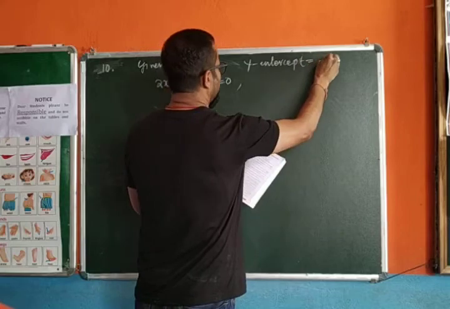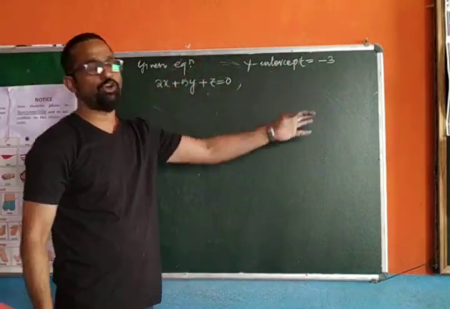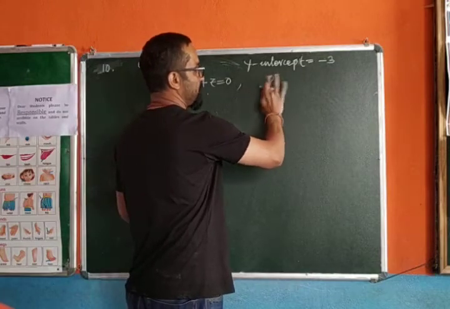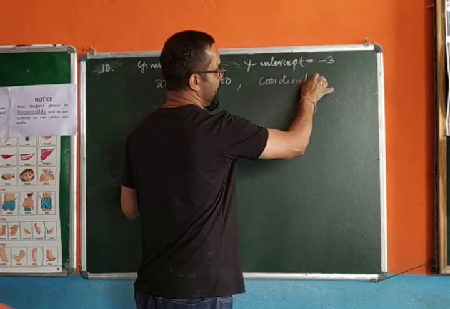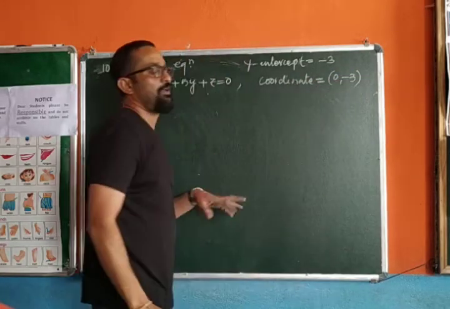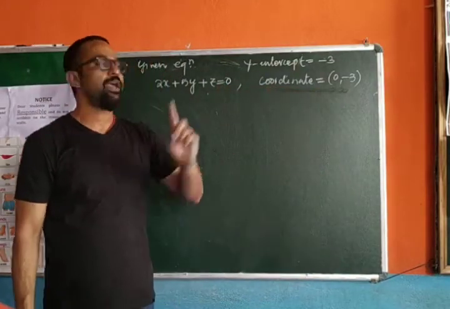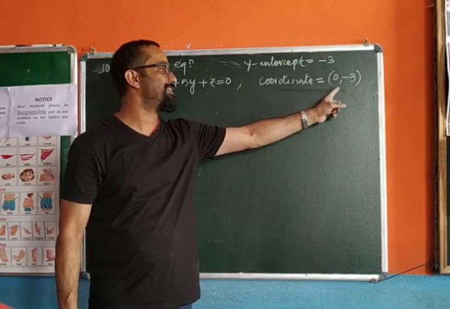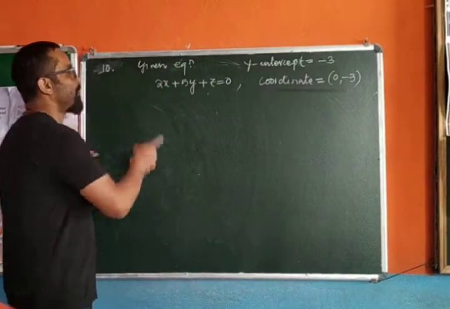The y-intercept is given as minus 3, and I'm using coordinates, so the coordinate of the intercept will be (0, minus 3). There is a reason why I am using the coordinate of the intercept. I'll show you in the next sum.